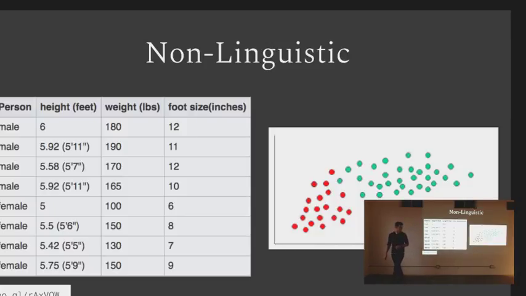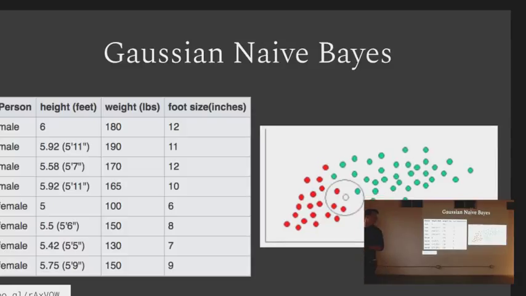Say that we have this blank dot here that is incoming data, and now we need to classify it. Obviously, that's not in a good spot for us to easily classify it, but that's what we need to do. So step one is that we have a weight coming in, 175 or whatever. We go one label at a time, just like we did with the French and English stuff.